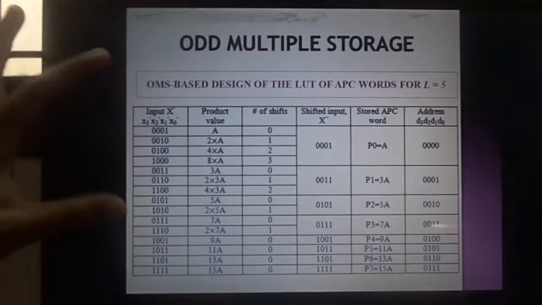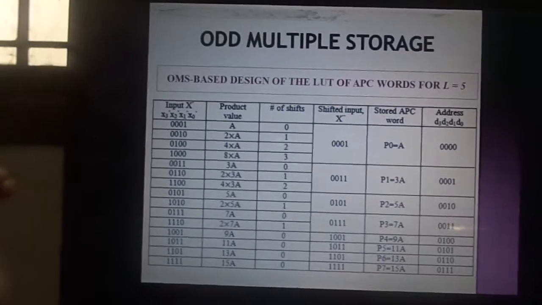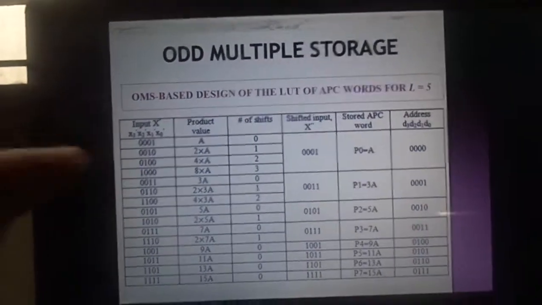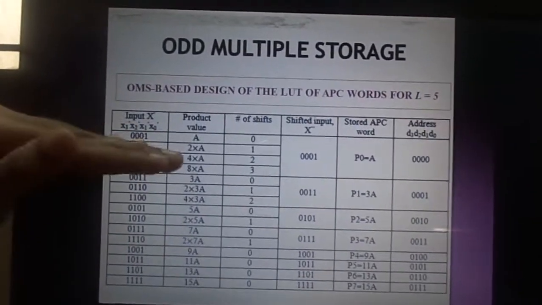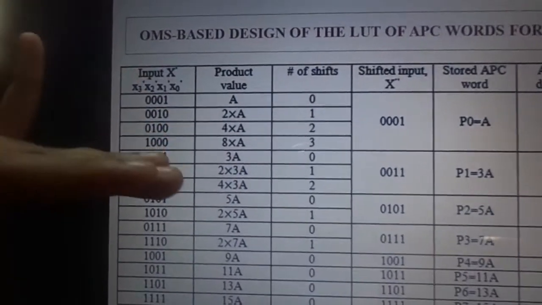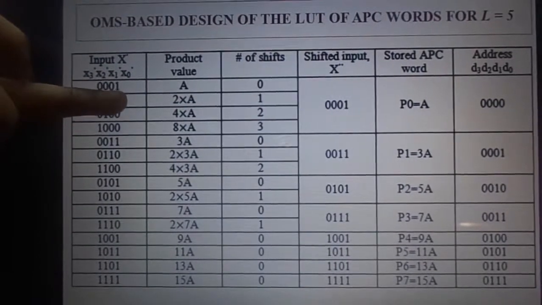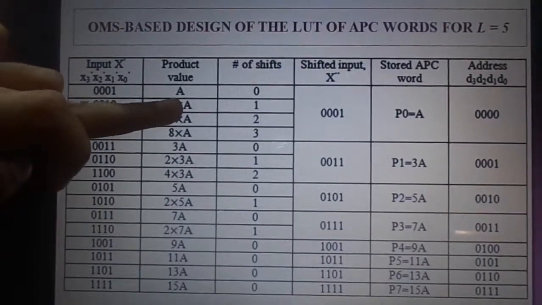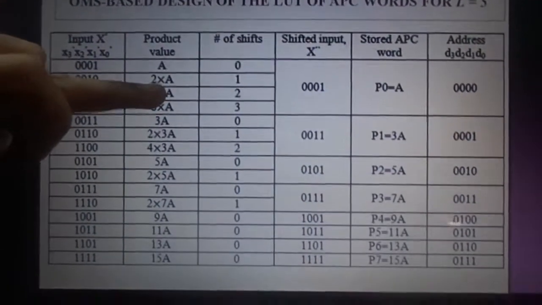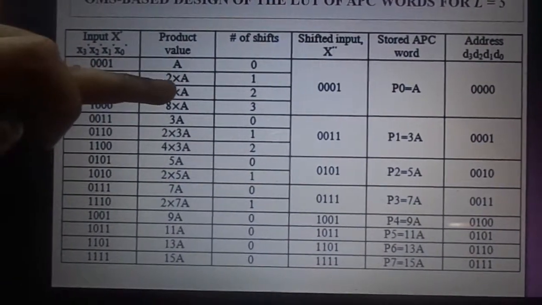This is the OMS table chart. The OMS table clearly states that it is storing only the odd values, and if you need the even value, it is obtained by doing a shifting operation. Here we are storing an input value A. It is an odd value. If you need an even value, that is 2A, you need to perform a shifting operation.